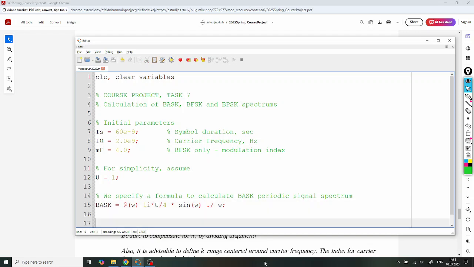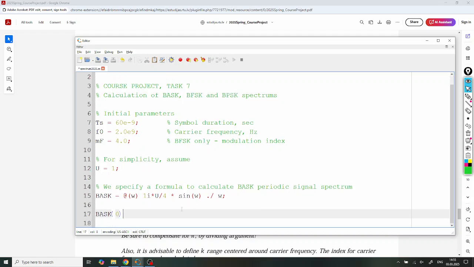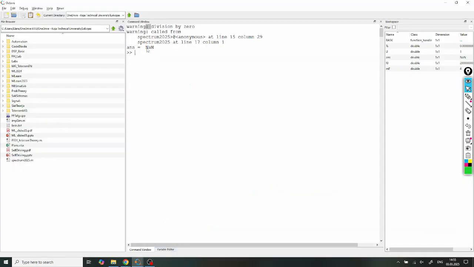Now, let's say I want to calculate BASK of 0. That is going to produce some problem for us, not because you try to divide by 0, but an even more complicated one. Now it's going to say it's not a number, and also giving a warning, divided by 0 in anonymous function. What does it mean, not a number?